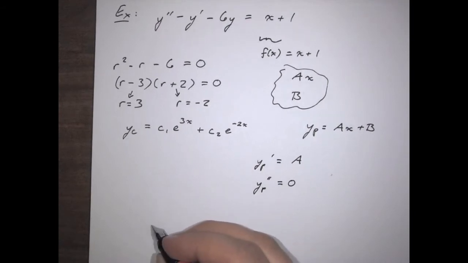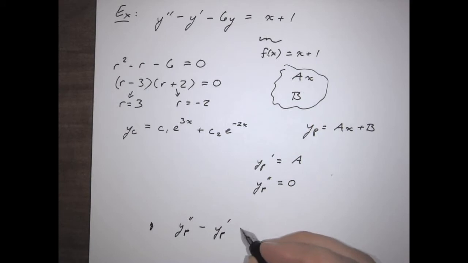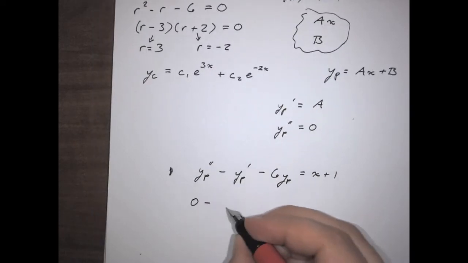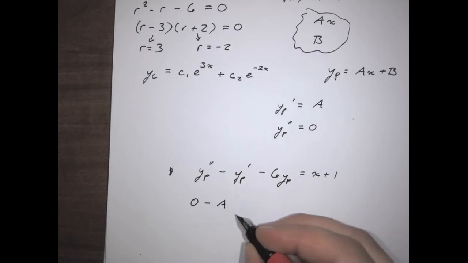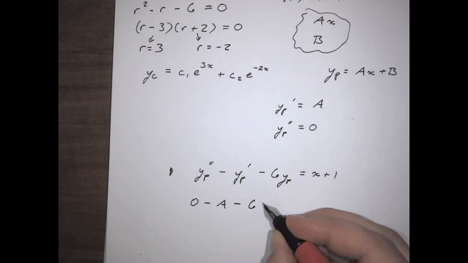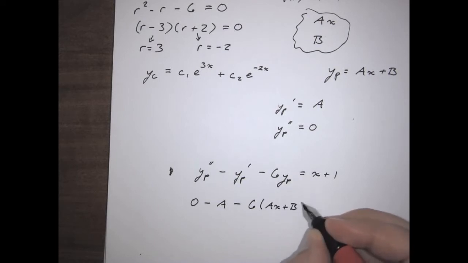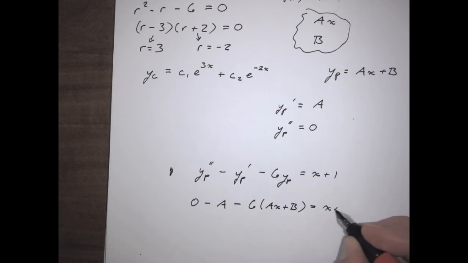So yp double prime minus yp prime minus 6yp equals x plus 1. So that's going to be 0 minus a minus 6 times ax plus b is equal to x plus 1.